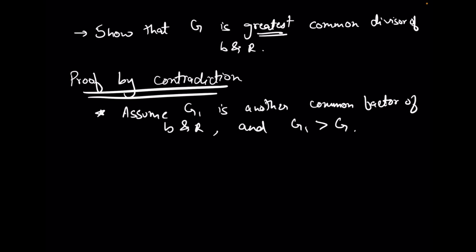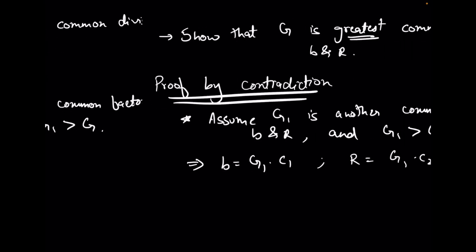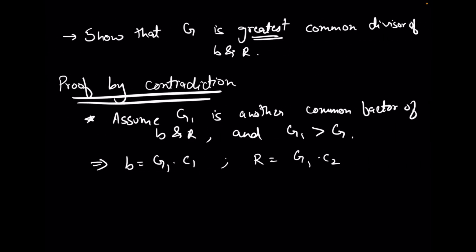So we're assuming this. After this, we write B as G1 into C1, because G1 is a factor of B, so B can be written like that. Similarly, we write R as G1 into C2.